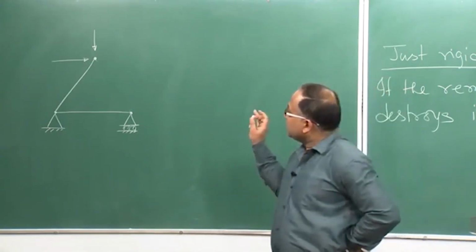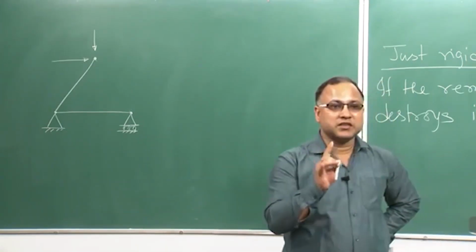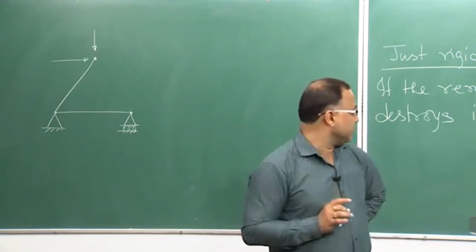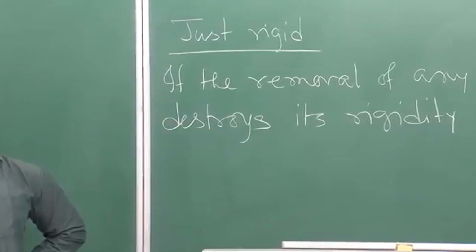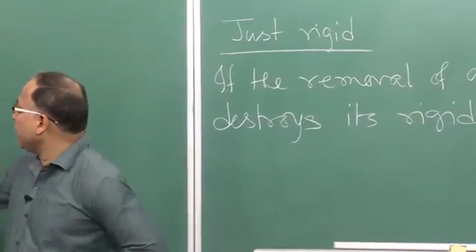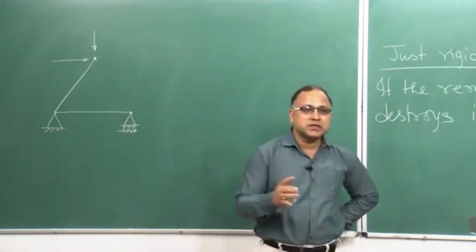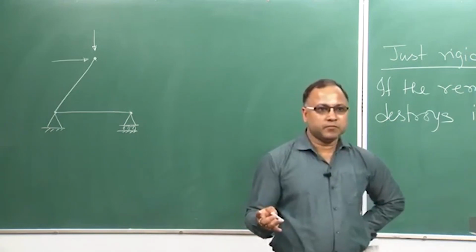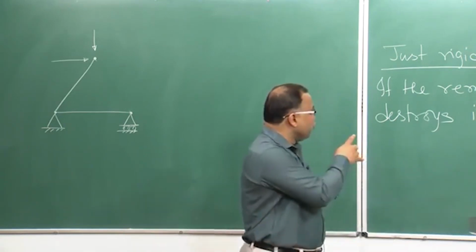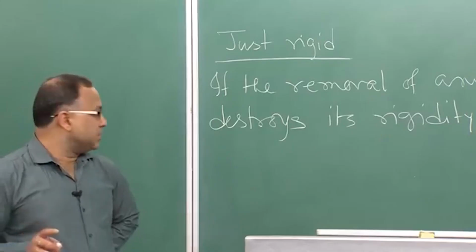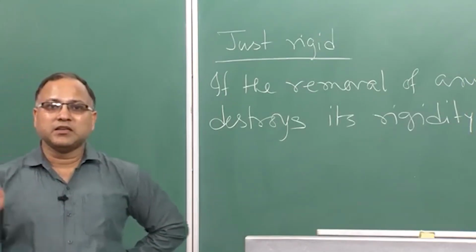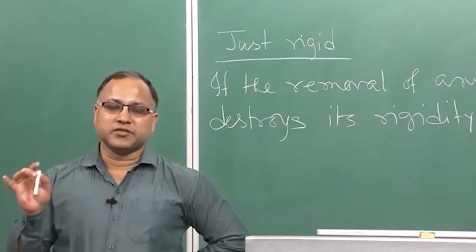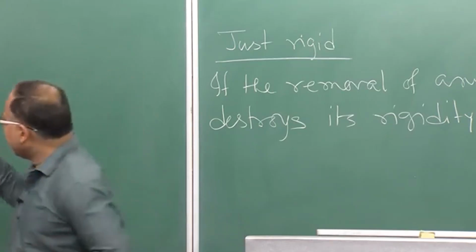So, this kind of system is known as a just rigid structure. It says that if the removal of any of its members, I have removed only one member, disturbs the stability, if it destroys the rigidity, then that is known as a just rigid structure.